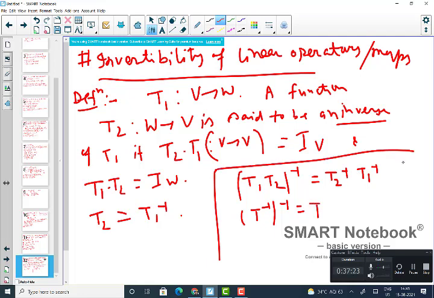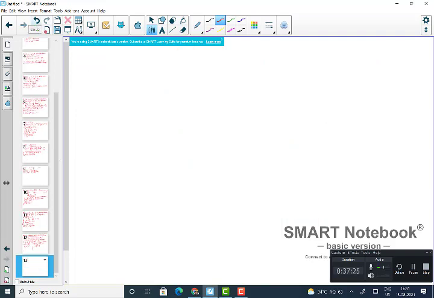Now the important question is, if you start with a linear map, whether the inverse of that is linear or not. I'm assuming that the inverse exists. If the inverse exists, then what happens?